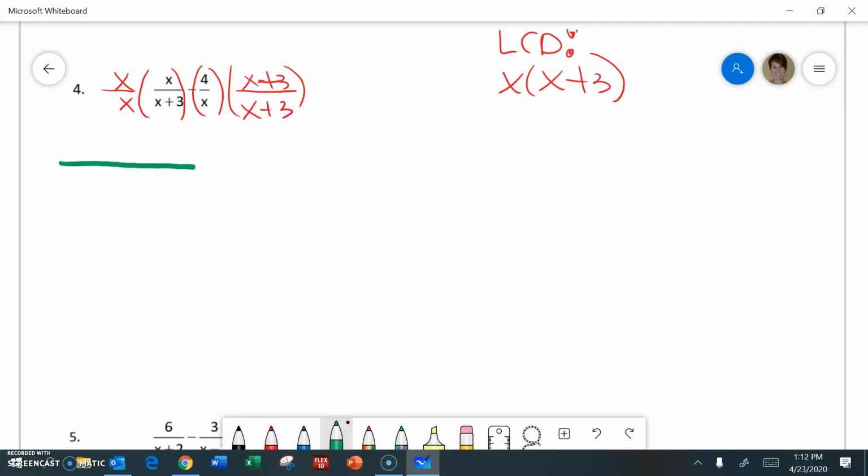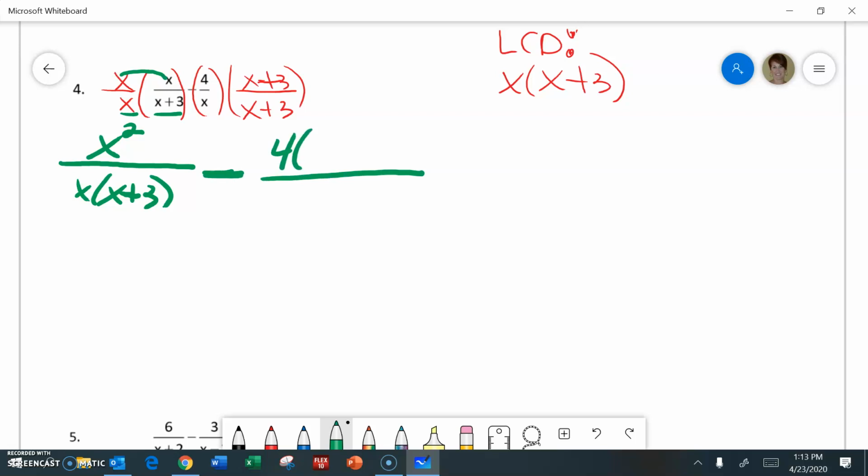So we have x times x, which is x squared, and here we have an x times x plus 3, we're just going to leave it in factored form as we've been doing this whole time, minus 4 times the quantity of x plus 3, that's coming from 4 times this, and the denominator is the same, which is our whole purpose of x times x plus 3.